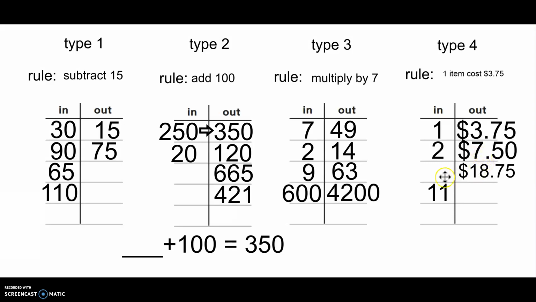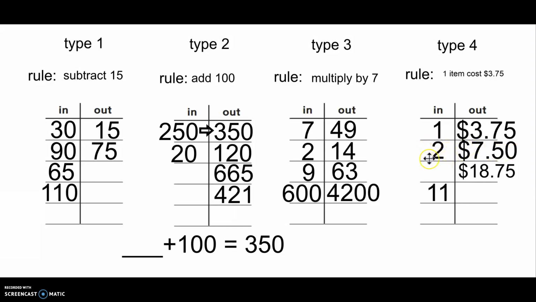Now, how many items would I need to buy for my cost to be $18.75? I know it's going to be more than 2. I'm even thinking it's going to be greater than 4 because $7.50 plus $7.50 is going to bring me to $15.